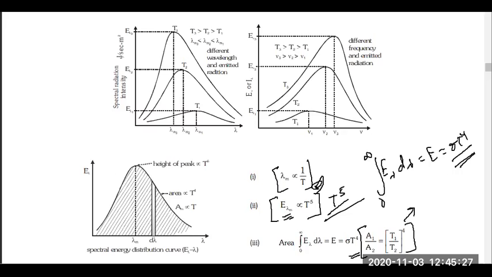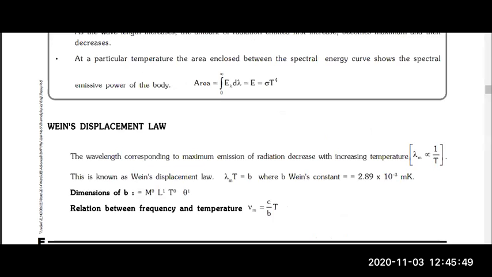Yes, the height of the peak is your maximum emissive power for a given wavelength at a given temperature. Prashant, as I said, that is your Wien's displacement law. As you keep on increasing the wavelength, there will be a peak.